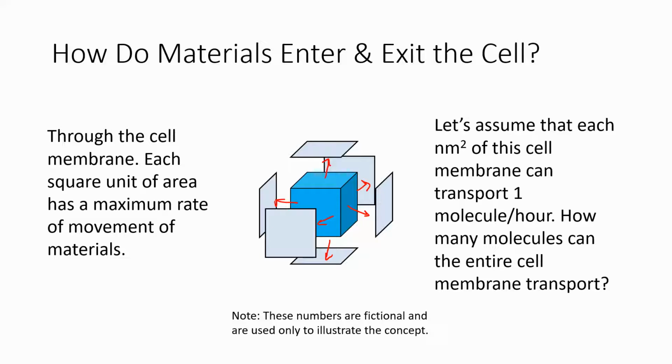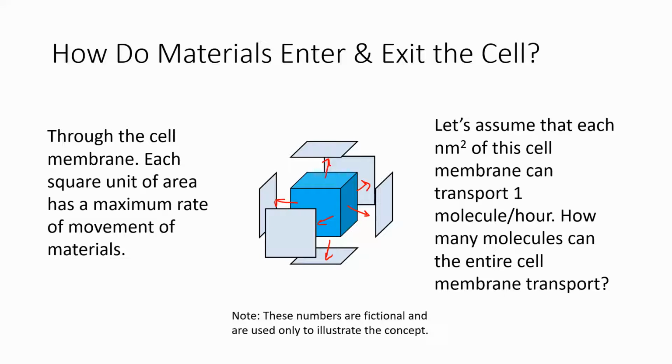And each square unit of area, each chunk of this cell membrane, can only transport materials at a certain rate. So for the sake of argument, we're going to say that this cell is 1 nanometer in length, width, and height, and that this membrane can transport 1 molecule per hour. These are all hypothetical numbers that I'm mostly using so that we can visualize this, or so that we can get some examples.